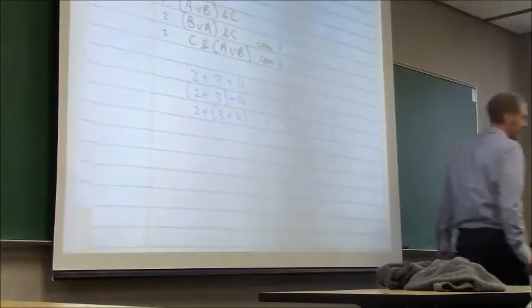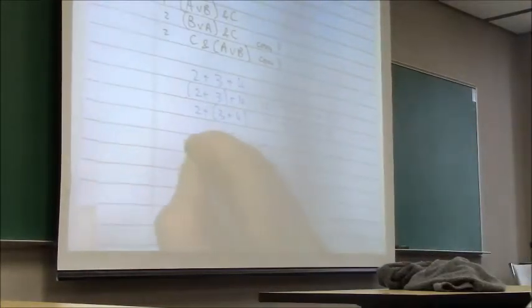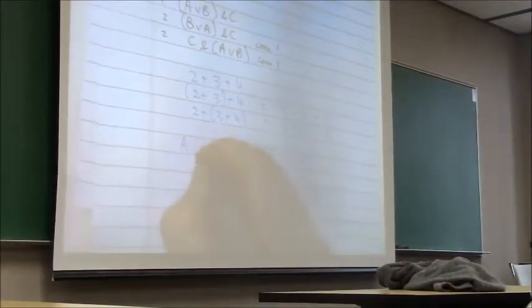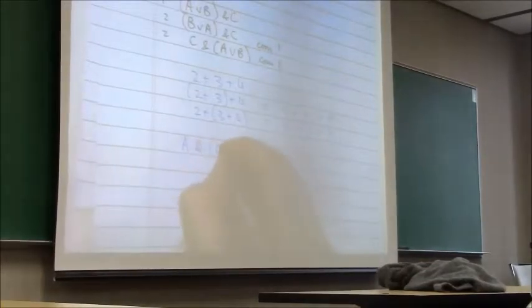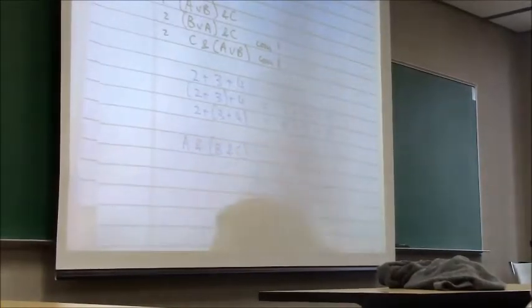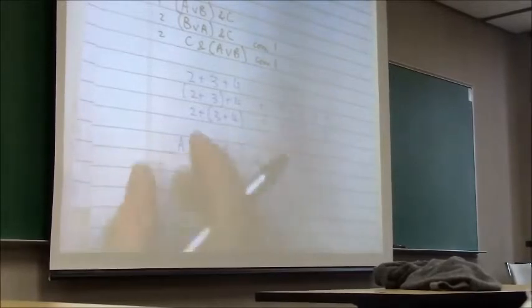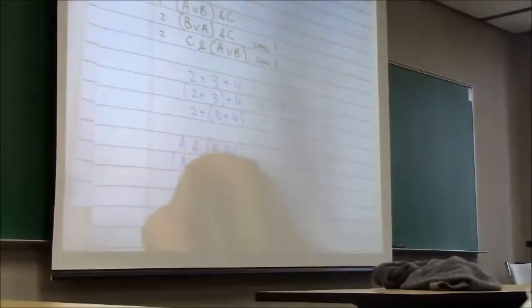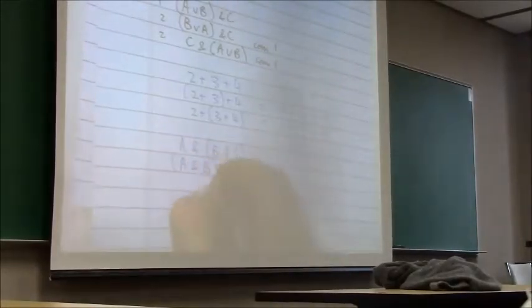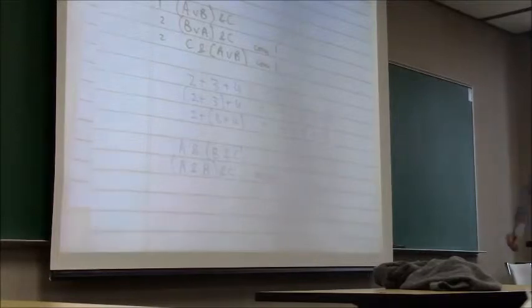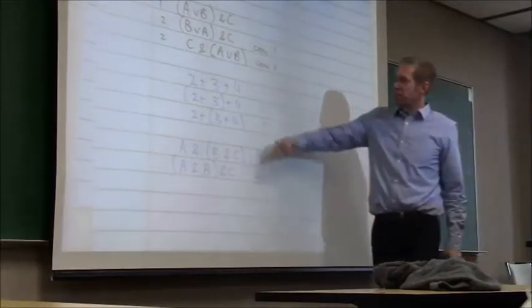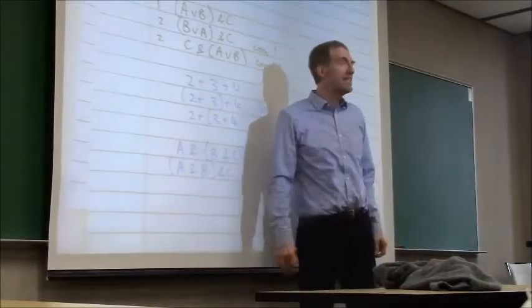Well, the same applies for and, or. So A and B and C is logically equivalent to, you can move the parentheses to A and B and C. And this rule is called association, because you are changing which two are associated together.